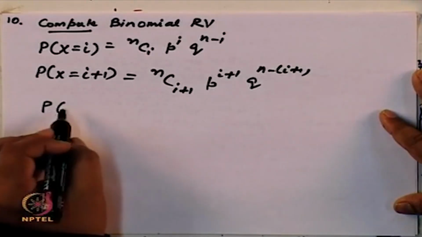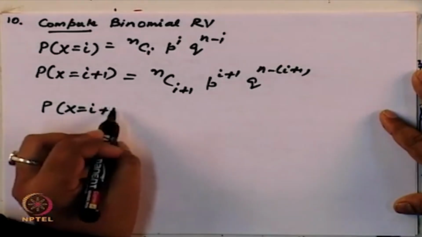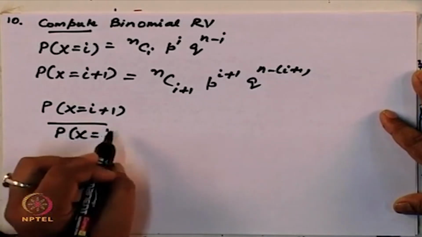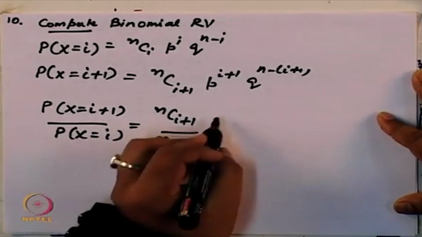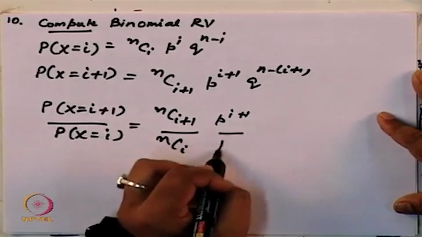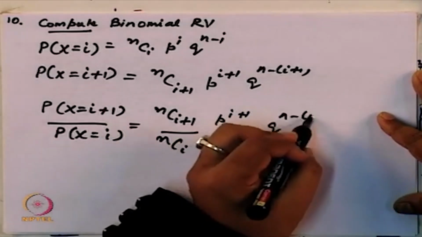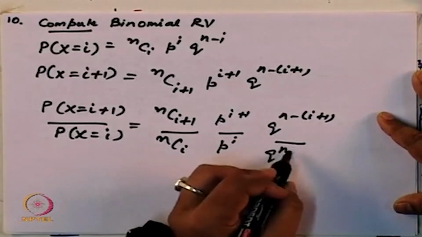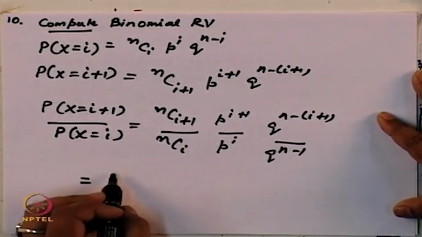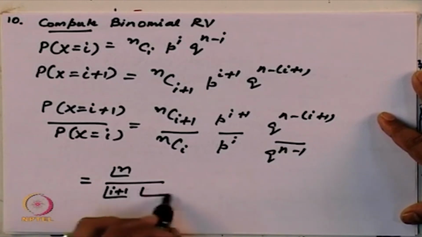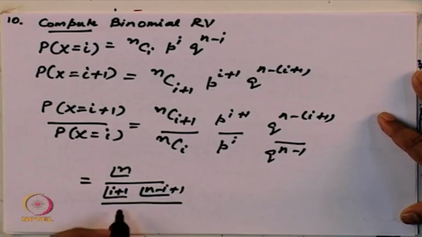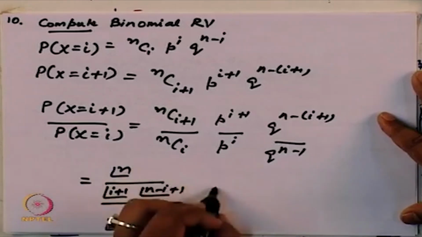So, I can take the ratio of probability of x equal to i plus 1 by probability of x equal to i, which is nC(i+1) by nCi, p to the power i plus 1 by p to the power i, and q to the power n minus i minus 1 by q to the power n minus i. So, what is nCi? nCi you can write as factorial n by factorial i factorial n minus i. Similarly nC(i+1) is factorial n by factorial i plus 1 factorial n minus i minus 1, and then this is p by q. So, I can simplify the following page.